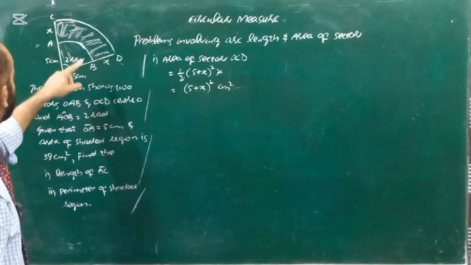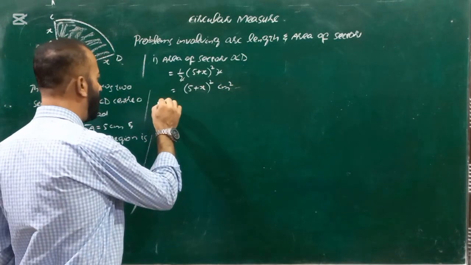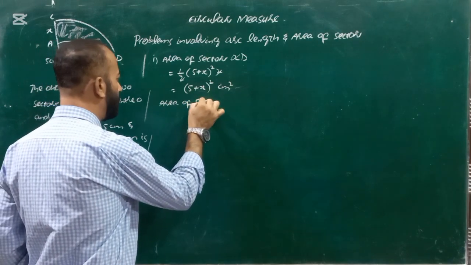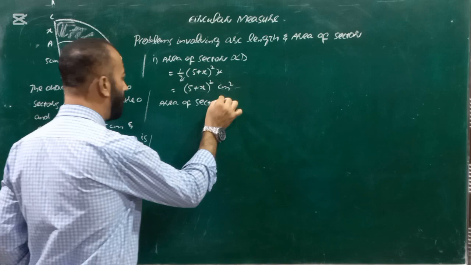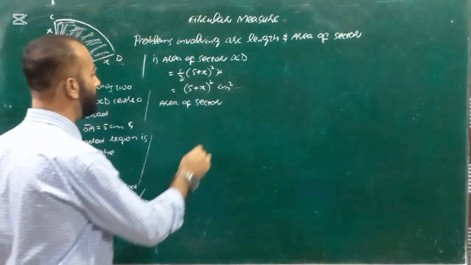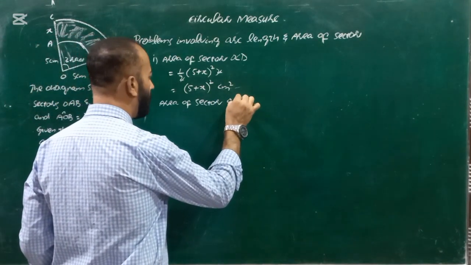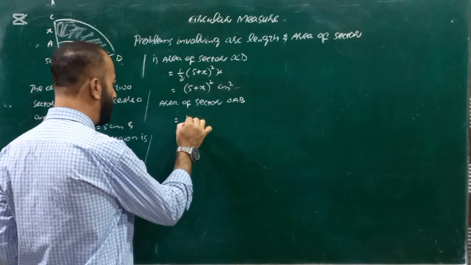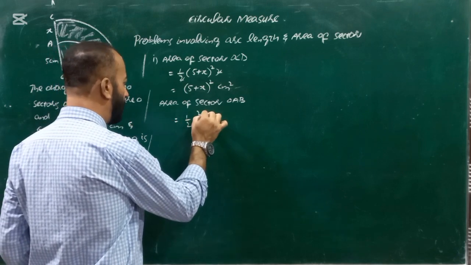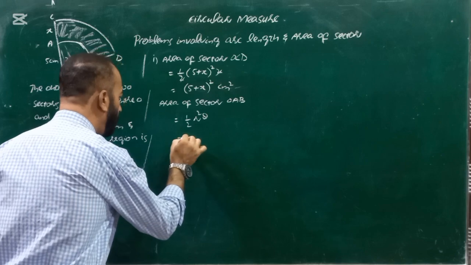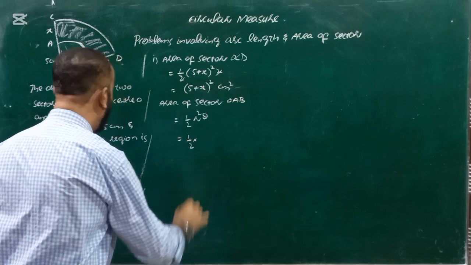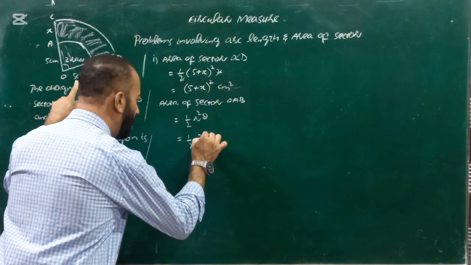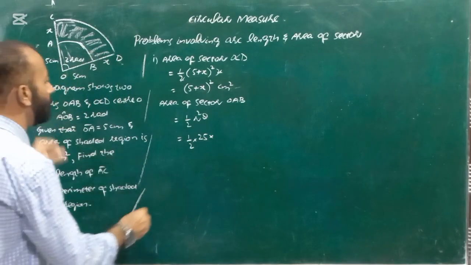Now the area of the smaller sector. Area of sector OAB. Again, the formula used will be 1 by 2 R square theta. 1 by 2 R square is 25 and theta is 2.